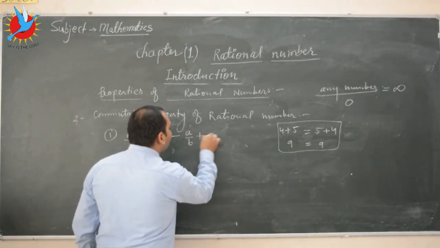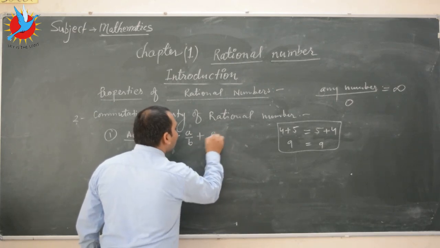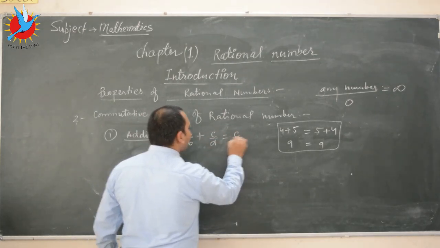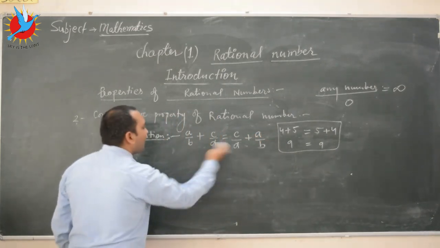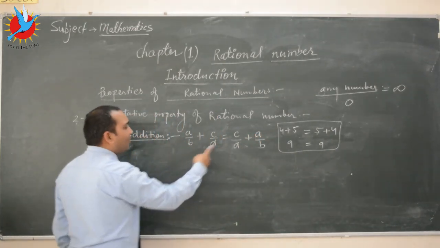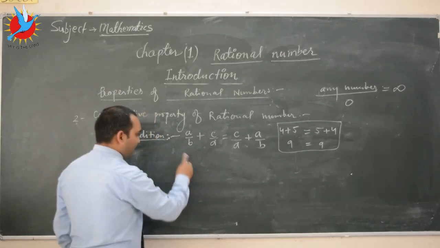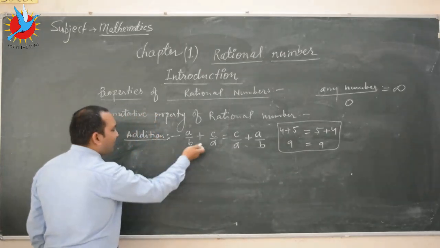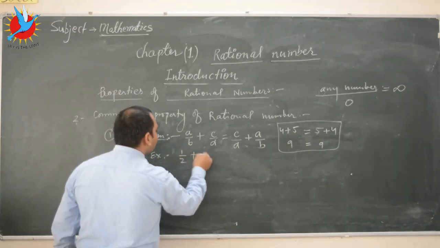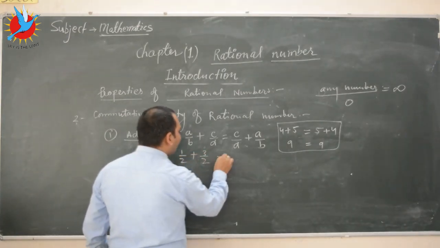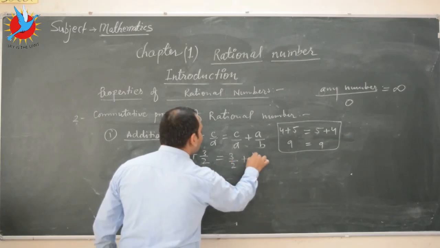It means a upon b plus c upon d is equal to c upon d plus a upon b. We change the order of both rational numbers, so we get the commutative property of addition. Example, 1 upon 2 plus 3 upon 2 is equal to 3 upon 2 plus 1 upon 2.